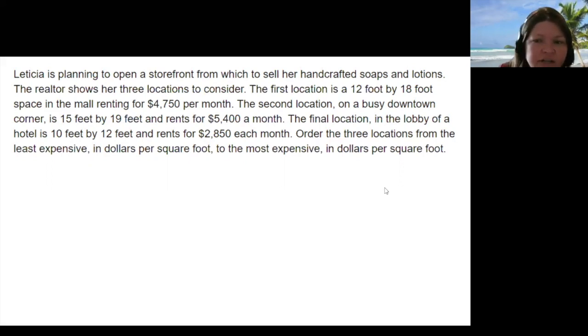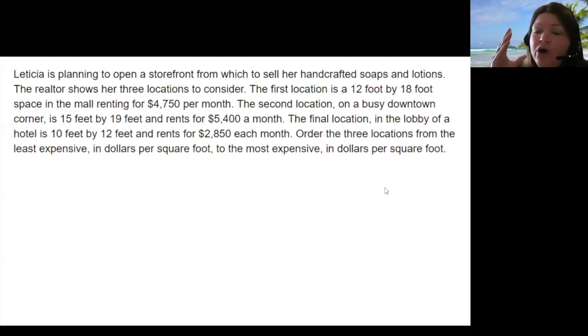The final location in the lobby of a hotel is 10 feet by 12 feet and rents for $2,850 each month. Order the 3 locations from the least expensive in dollars per square foot to the most expensive in dollars per square foot. Whoo, lots of words, intimidating for a lot of students.